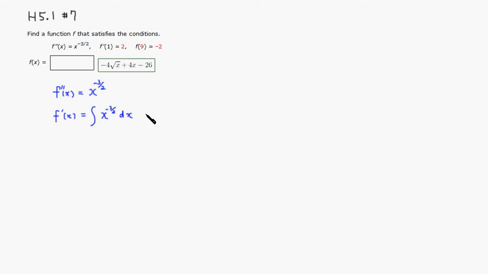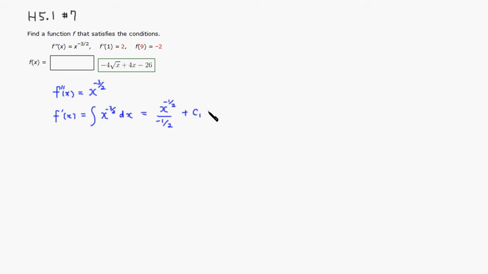So let's do that. Add 1 to the power, so x to the negative 1/2, then divided by negative 1/2, and plus some constant, which I'm going to call C1.